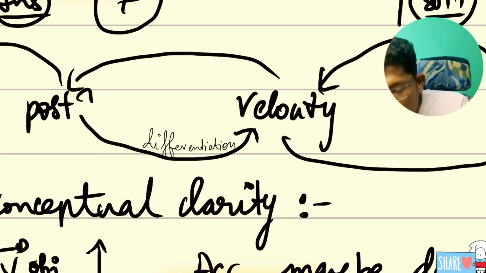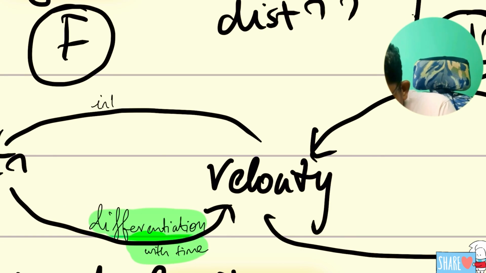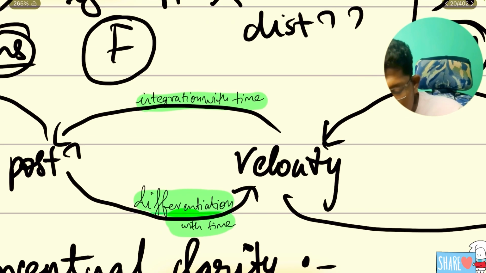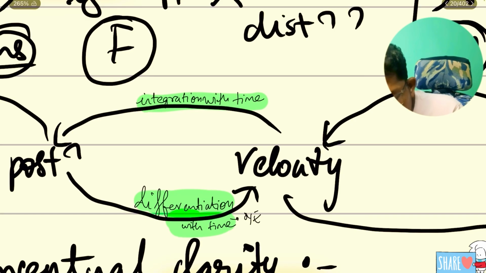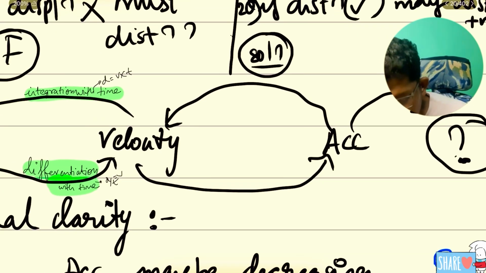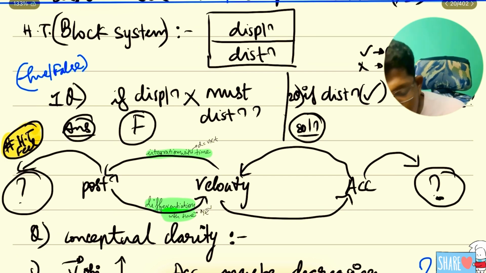Differentiation, d by t is equal to v. Integration: d is equal to v dot t.